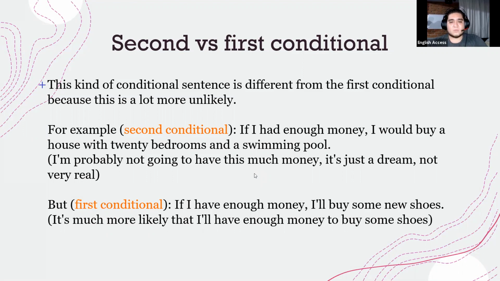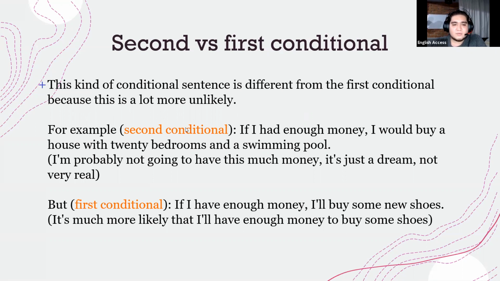The first is more realistic than the second conditional. So yes, that is the difference. One is more realistic, but it is still hypothetical, but it is closer to happening than the second conditional, right? And we have here two examples.